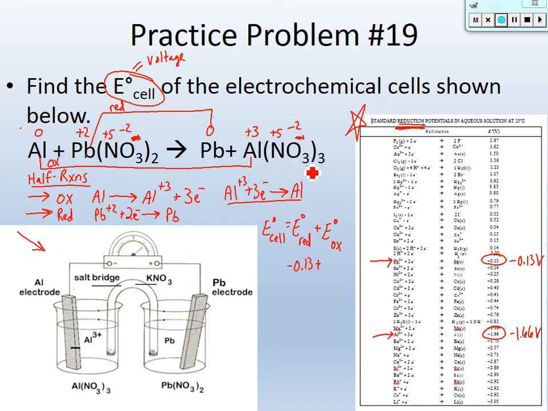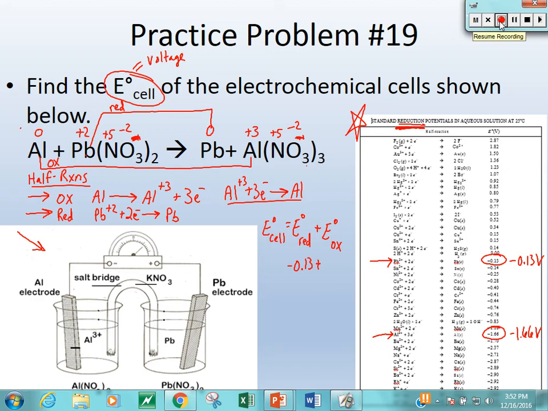And we are going to add the oxidation half reaction. Okay, but the oxidation half reaction was written as a reduction half. So how do we switch it to an oxidation half reaction? And the answer is we switch the sign. So instead of a minus 1.66 volts, we need to switch the sign because it was written as a reduction and we want it as an oxidation.